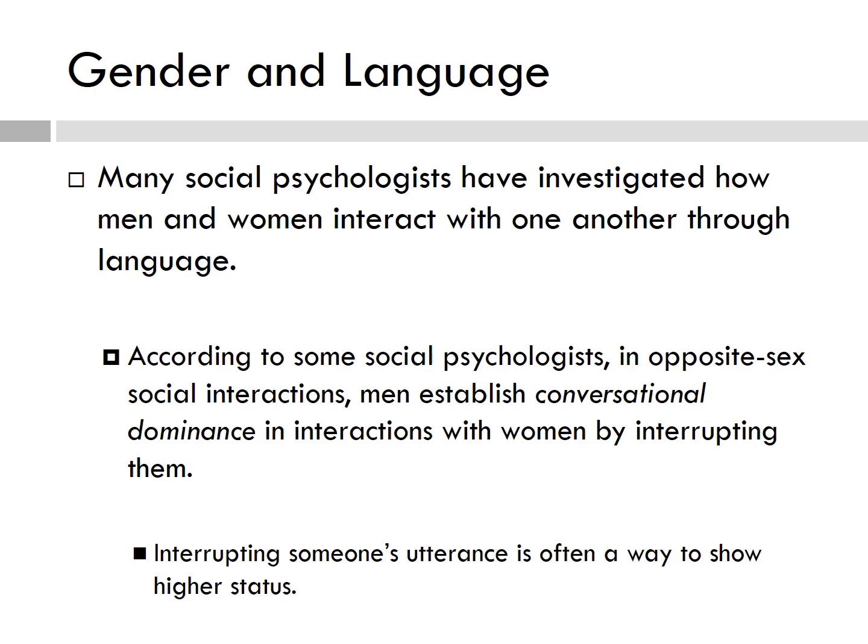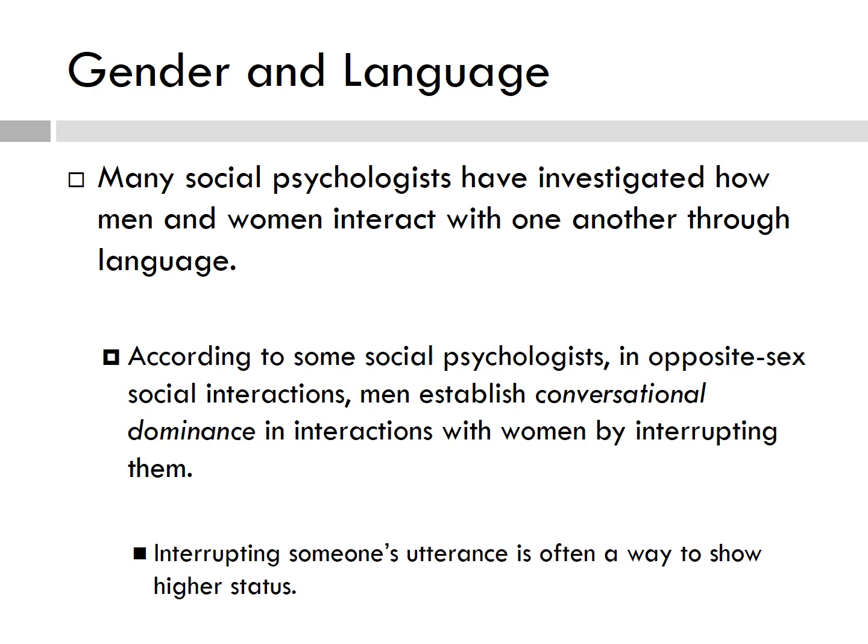Many social psychologists have also investigated how men and women interact with one another through the tool of language. According to some social psychologists, in opposite sex social interactions, men try to establish conversational dominance by interrupting women more often than the women interrupt them.